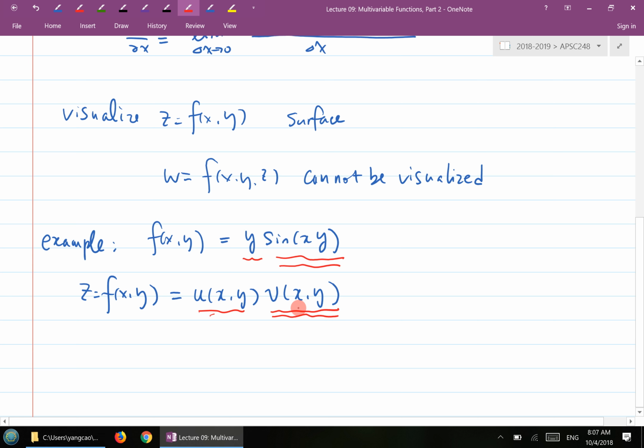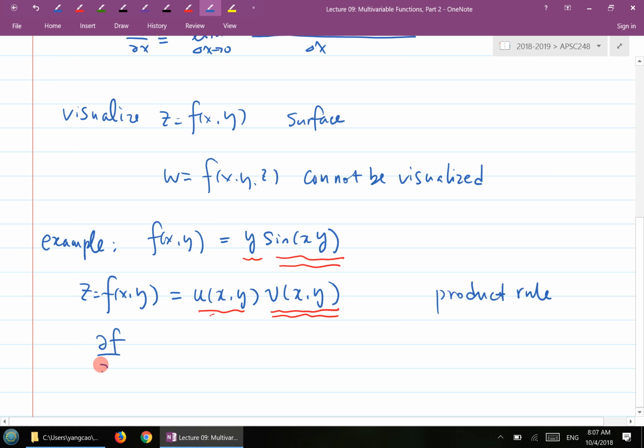Now, if you think about functions of a single variable, when you have a function f equal to u times v, there is this simple product rule you can use to calculate the derivative. So we will try to apply this product rule to this example.